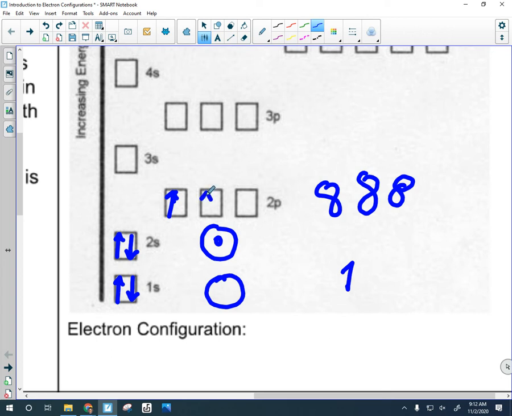My 6th electron is also pointing up, and my 7th electron is also pointing up. If I had another electron, it would be a down electron here, and then a down electron, but I've done nitrogen, and so I've got 1, 2, 3, 4, 5, 6, 7 electrons shown.